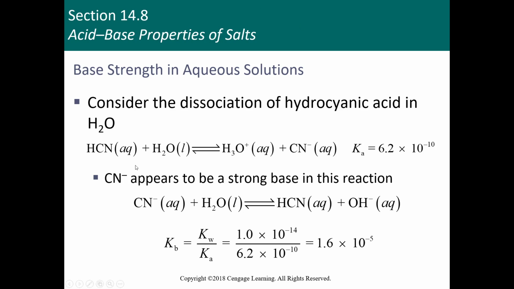So right here we have hydrocyanic acid, and it, of course, is reacting with water to form the H plus and cyanide. So CN minus appears to be a strong base in this reaction because this is a very, very small Ka, right? And so if we look at its Kb, it's actually quite a bit stronger as a base, isn't it?